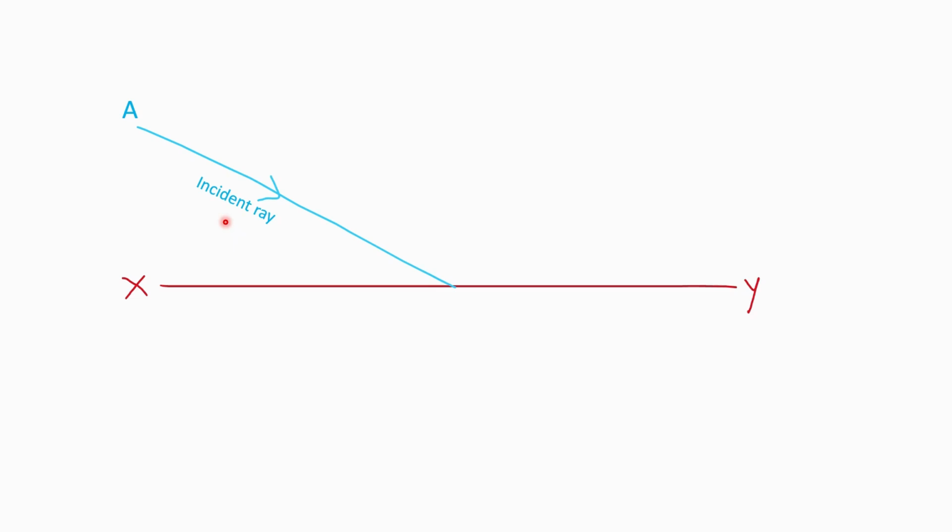And at the point where the incident ray falls, there is the normal. The normal is always perpendicular, it is always 90 degrees. Let's take this normal as NM. So NM is our normal for the surface XY.